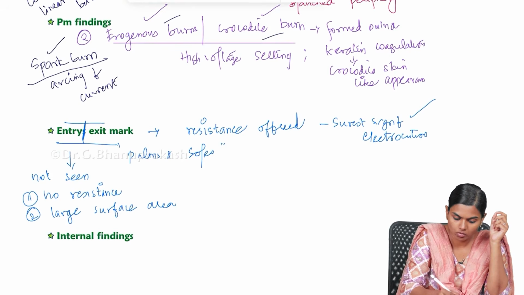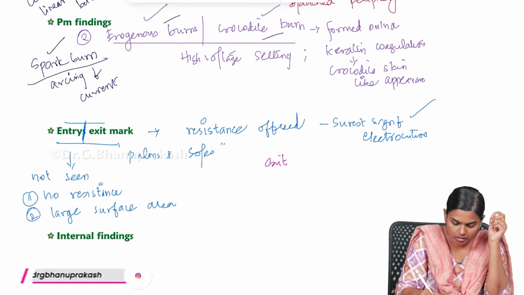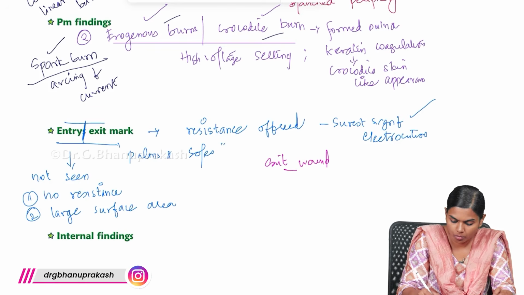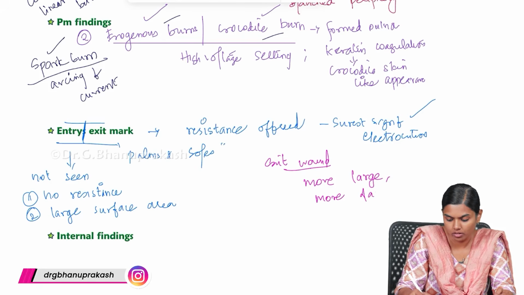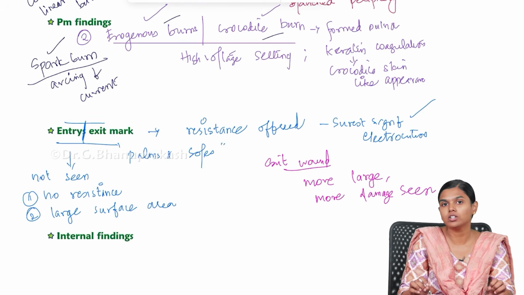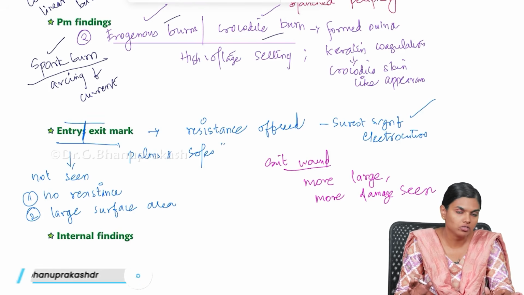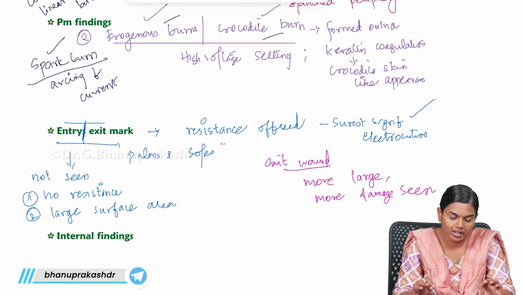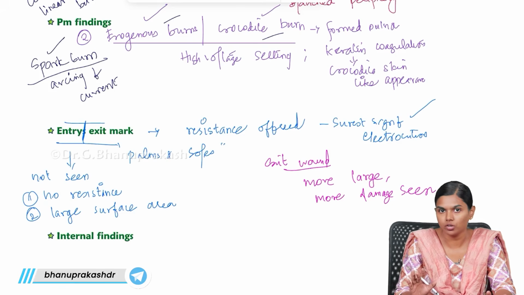Exit wounds are usually larger and more damage will be seen. From the entry wound, the exit wound will be larger and more damage will be seen. So this is the main external finding that you will be looking for in case of an electrocution death.